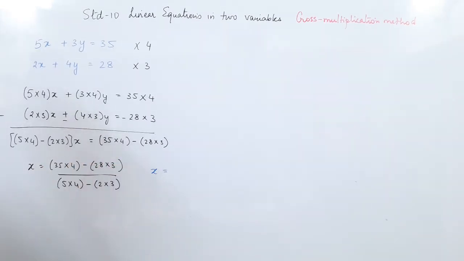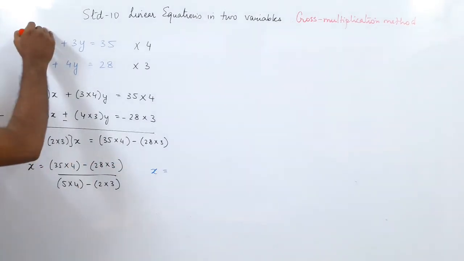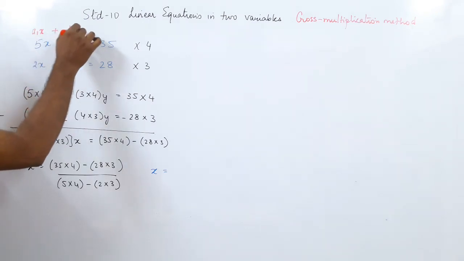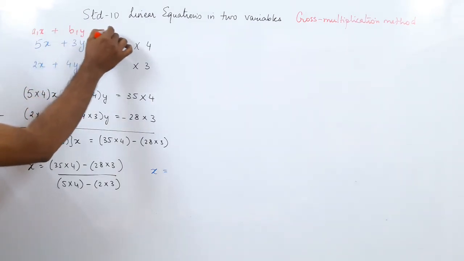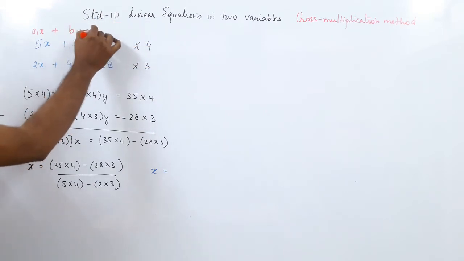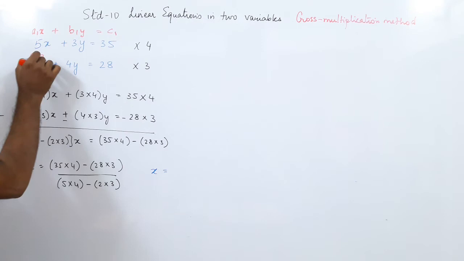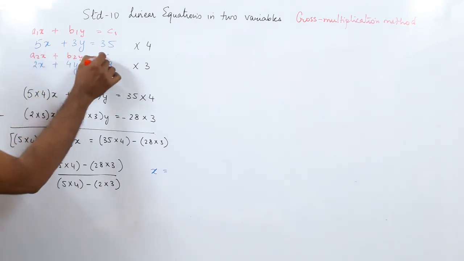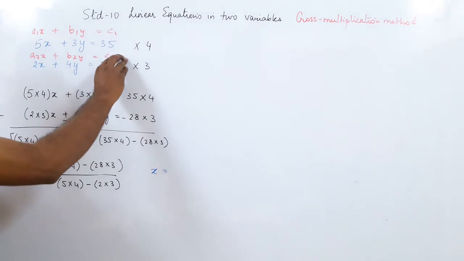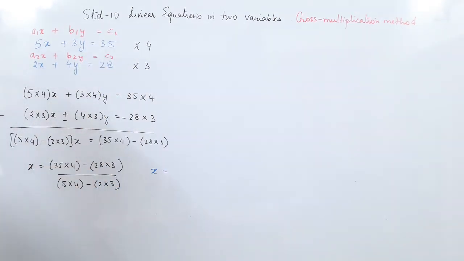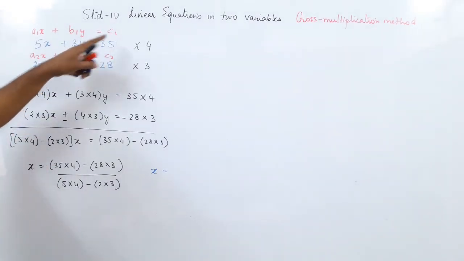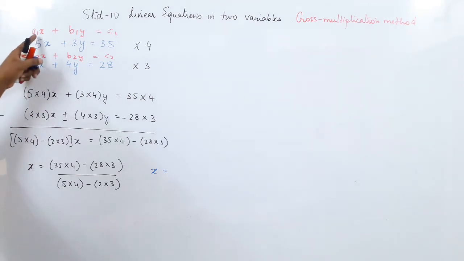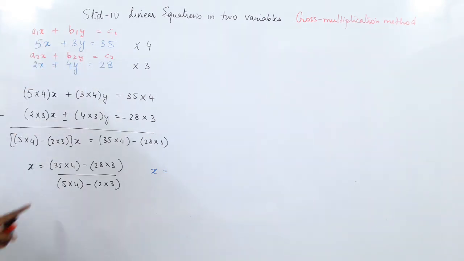Now if I want to write it in the standard form, let this be a1x plus b1y equal to c1. Or I should write minus c1 equal to 0, but I'll write equal to c1. And a2x plus b2y equal to c2. Now try putting the same equation in this form. So what did you get here? 35 is c1, and this one is a1, c2. So you can get x is equal to 35 into 4.